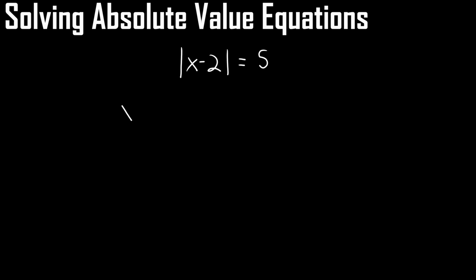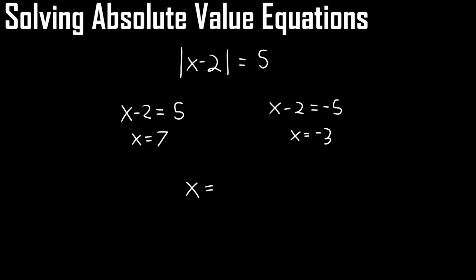So we'll have x minus 2 equals 5 and x minus 2 equals negative 5. Then when we solve for x, we will get x equals 7 over here and x equals negative 3 over here. So the solution set will be x equals negative 3 and 7.